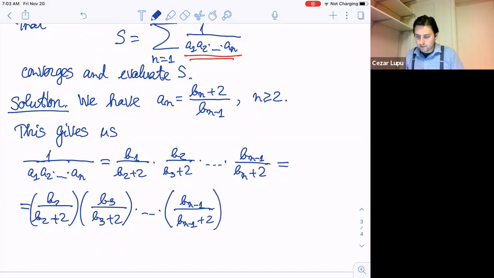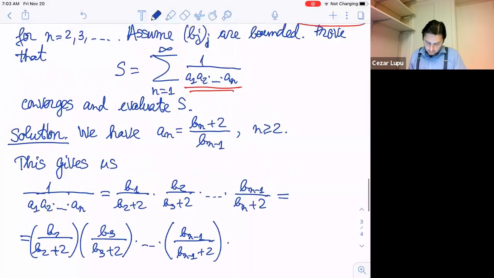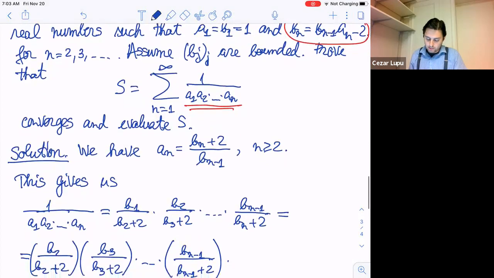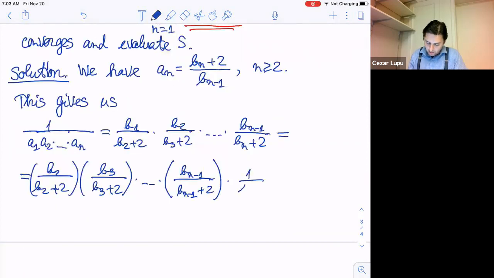And now let's see, what else do I have? B1 is 1, that's great, so I get rid of it. So this will be Bn plus 2. Okay, that's beautiful.